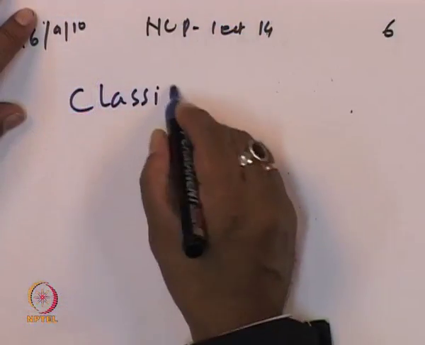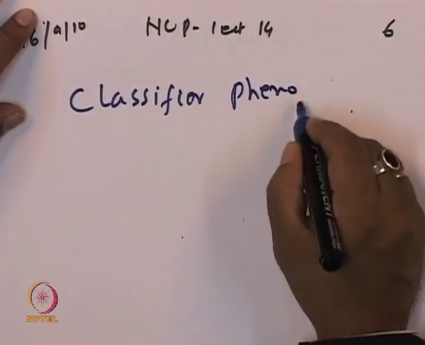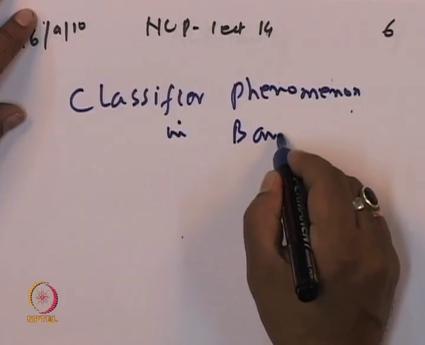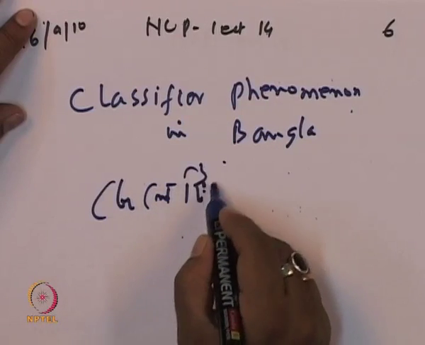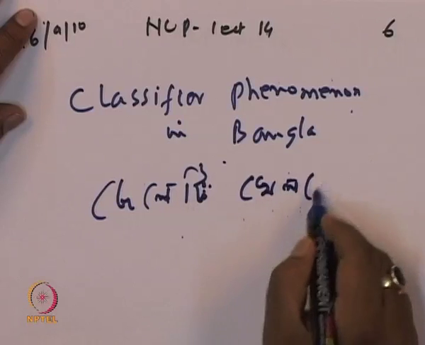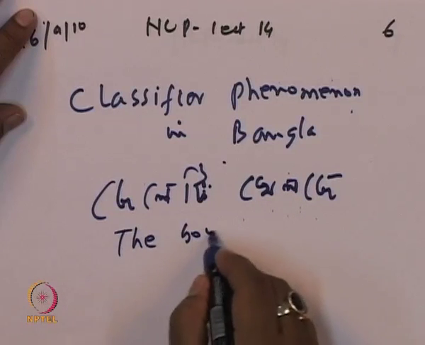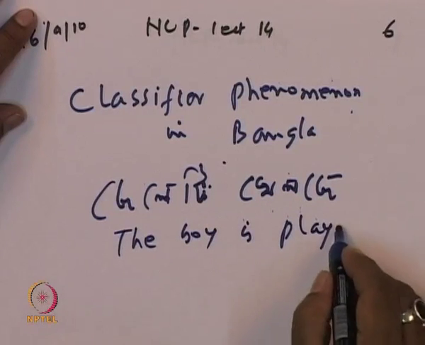Okay. So, we will take some examples of this, but one example that comes to my mind immediately is the phenomenon of classifiers in Bengali. Okay. So, in Bengali we say chele T, I will write it down, classifier phenomenon in Bangla. So, chele T, this is Bengali script, chele T khelche, the boy is playing.